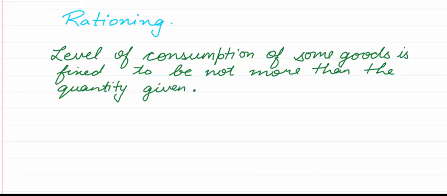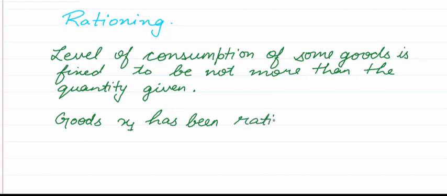In this example, we will fix the level of consumption of commodity X1. So let's say good X1 has been rationed to the point X1 bar. So in this case, the consumer cannot consume more than X1 bar of good X1.